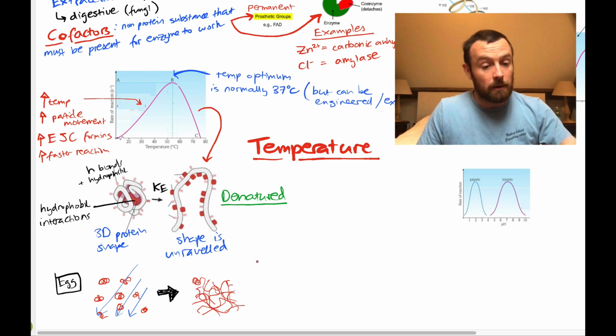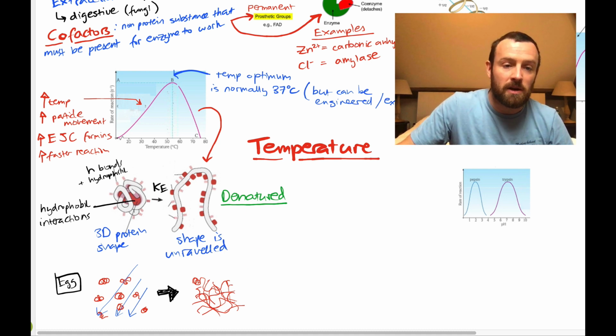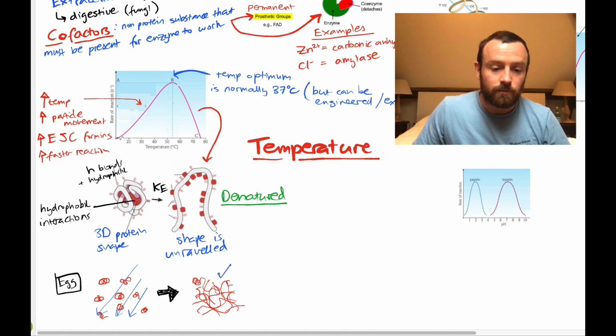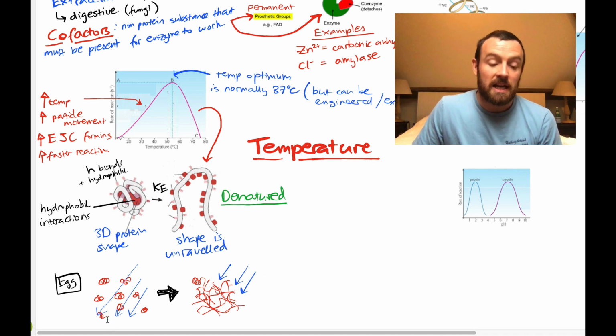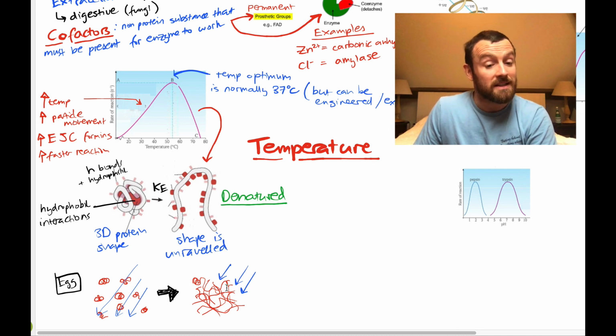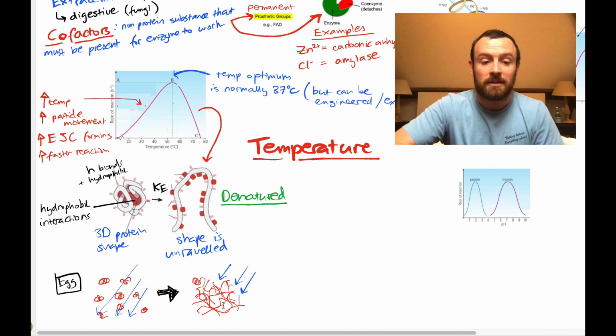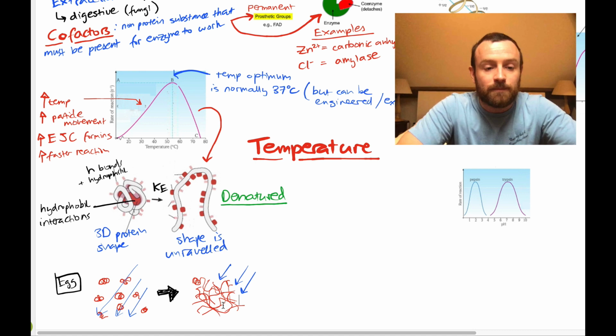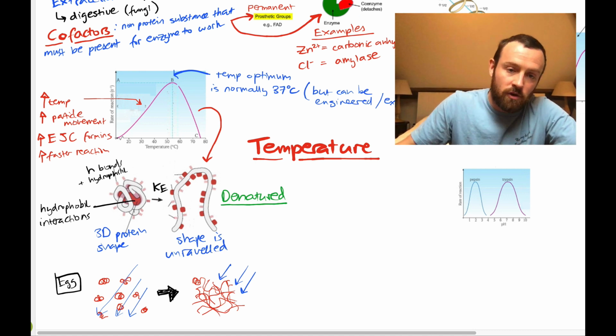It was clear to start with, then it becomes white afterwards, and that's because in its unraveled state, light can't go through it, it becomes opaque. So this is clear, uncooked egg white or albumin, and this is white cooked egg white, and that's due to denaturing.